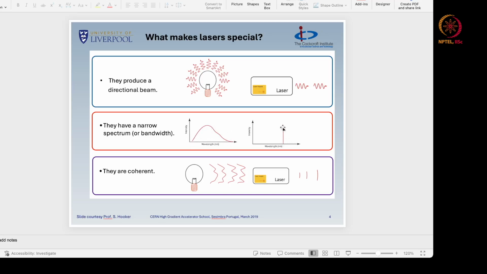Whereas if you have a laser, all this becomes like a narrow line. What seems like a line actually has a little bit of width, but for all practical purposes, the line width of this laser is much, much narrower than what we have experienced with white light or incandescent light.